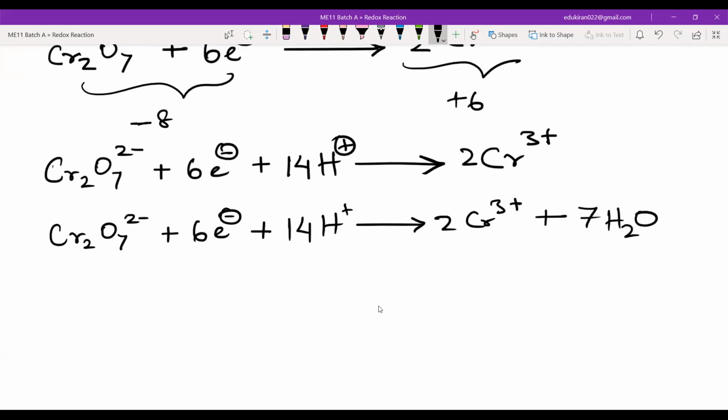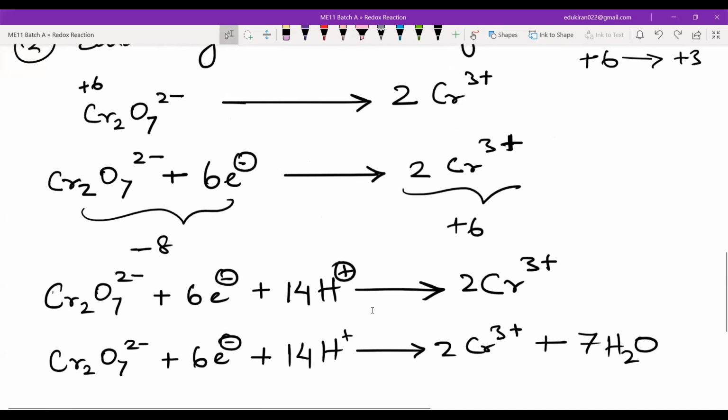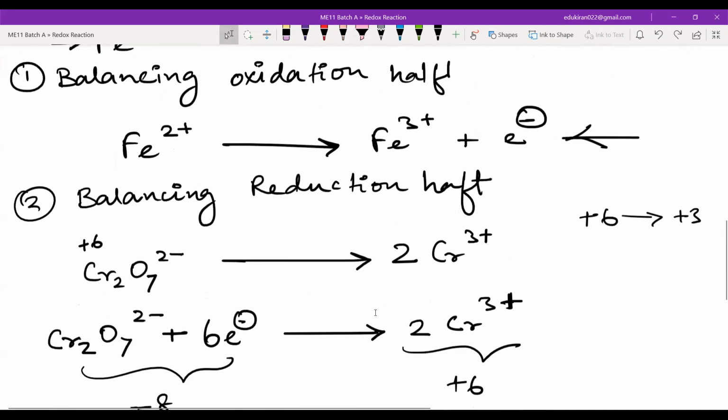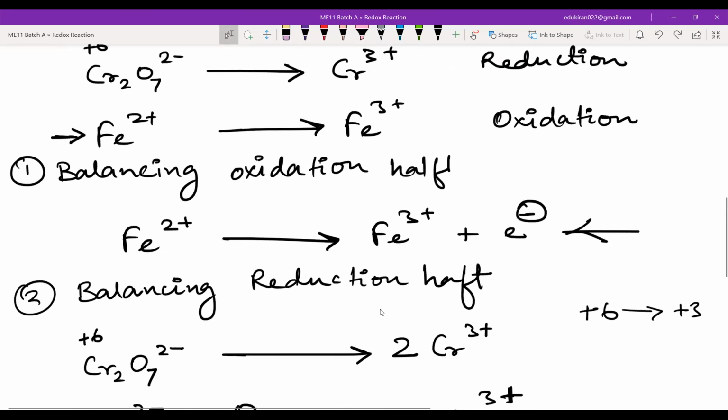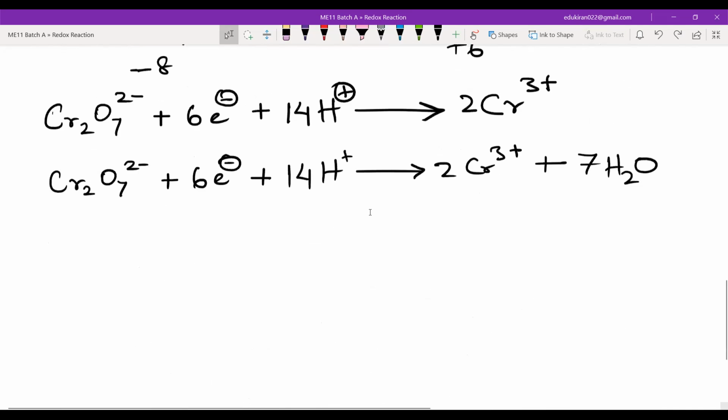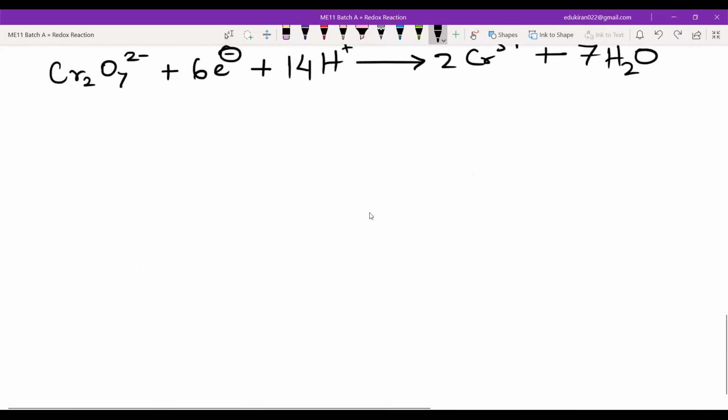For the reduction half, I have Cr2O7 2 negative, plus 6 electrons, plus 14H plus, and this is giving me 2Cr3 positive, plus 7H2O.